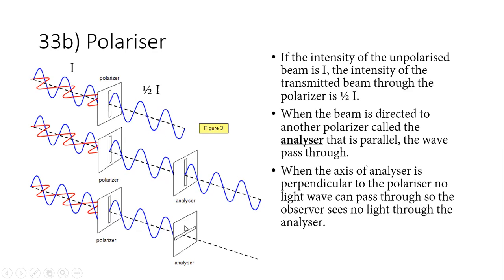Of course, polarizers don't show you the slot, but you just imagine it to help you understand. With perpendicular polarizers, no light will pass through. That means you see nothing, darkness, the observer sees no light through the analyzer. So this will be 0.